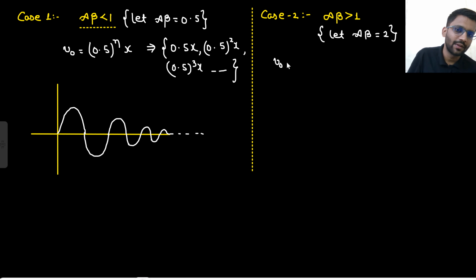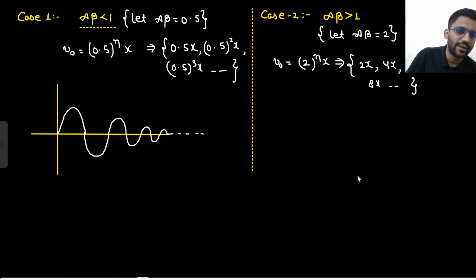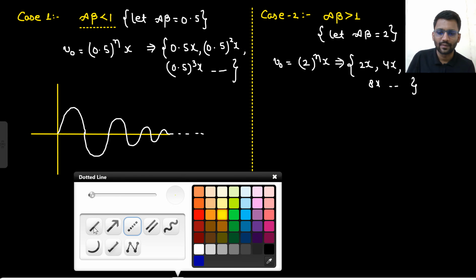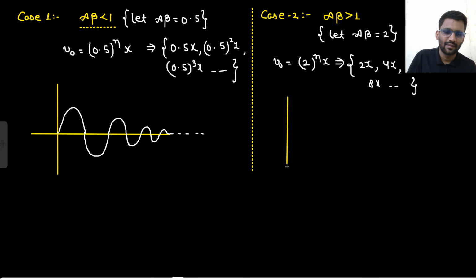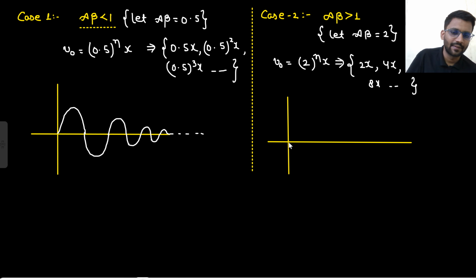So what will be your output? 2 to the power n X. So basically it will start from 2X, then 4X, 8X. In this manner your output will keep on increasing, right?